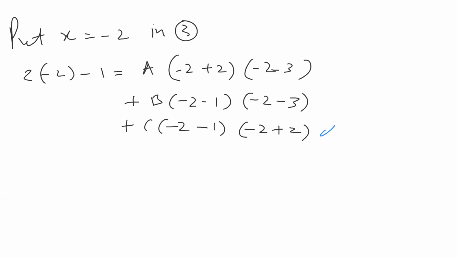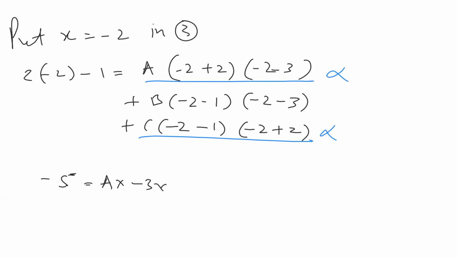So if you see, c term and a term get eliminated, so we get minus 5 is equal to b into minus 3 into minus 5. Okay. So minus 5 will get cancelled on both the sides.